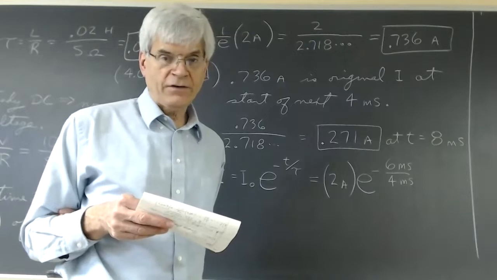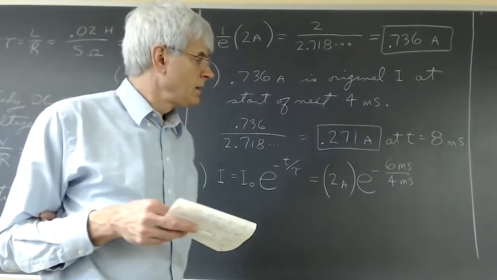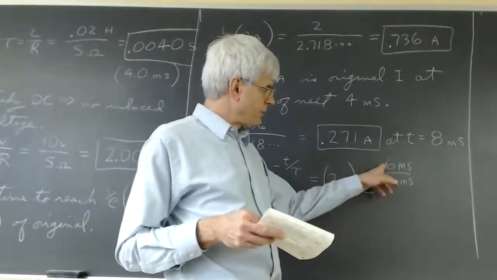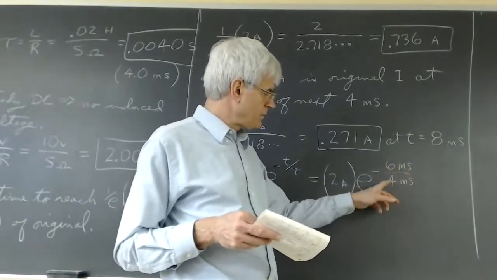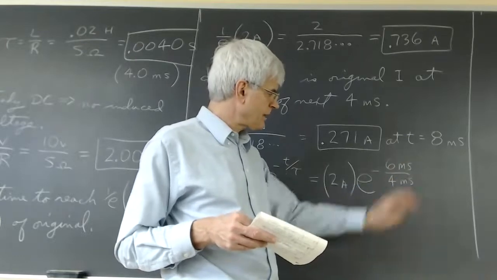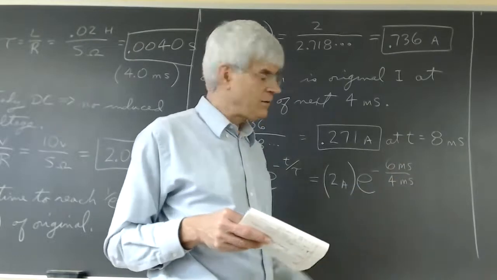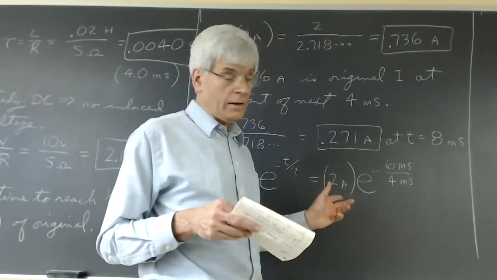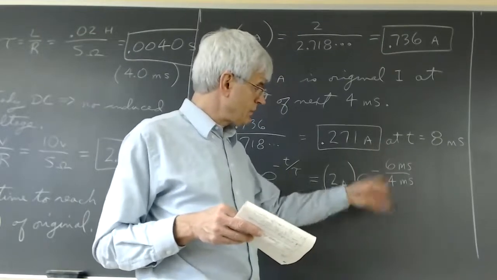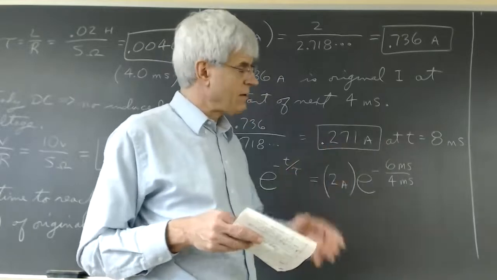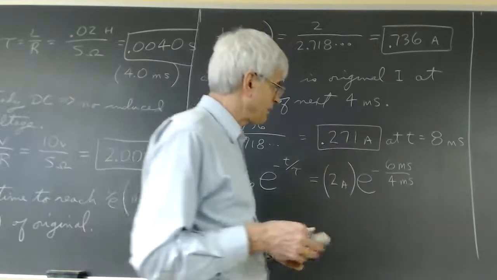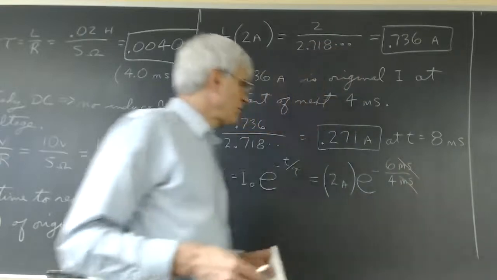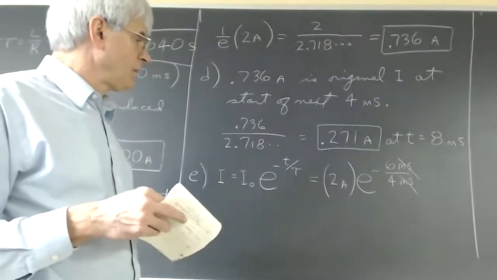It's not always necessary, but it's never wrong. So if you're feeling a little insecure, 0.006 of a second over 0.004 of a second, that will get you the right answer also. But this is one of those cases where if you keep an eye on what the units are doing, converting to standard units turns out not to be necessary, because you see milliseconds cancels milliseconds.